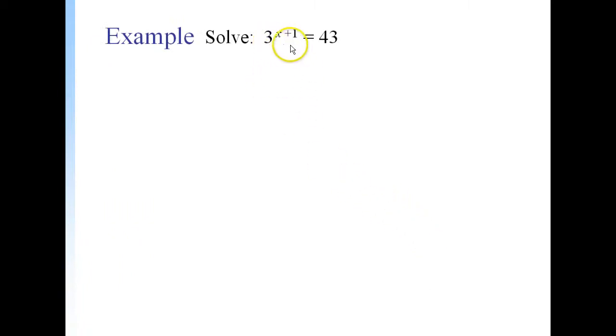So here we have a basic example of it, and I'll do this one too. So we're going to go log of 3 to the x plus 1 equals log of 43.